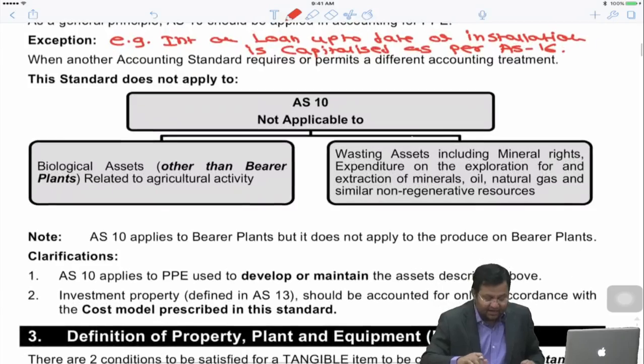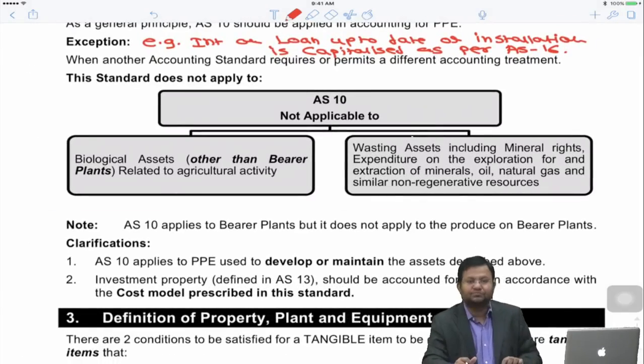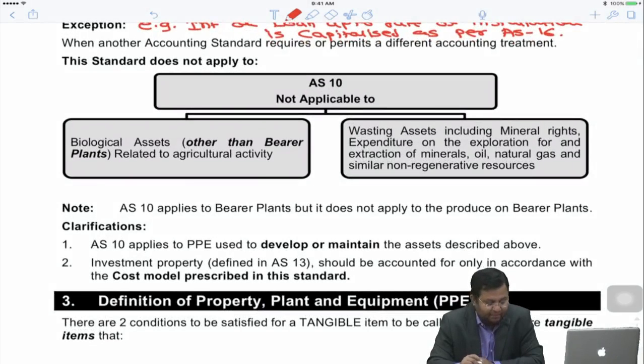This standard does not apply to. AS 10 is not applicable to. Now यहाँ पर उन्होंने चार्ट के फॉर्म में लिखा है बायोलॉजिकल एसेट, ब्रैकेट मत पढ़ो, related to agricultural activity. Biological assets related to agricultural activity because there is a separate standard likely to come up for agriculture.